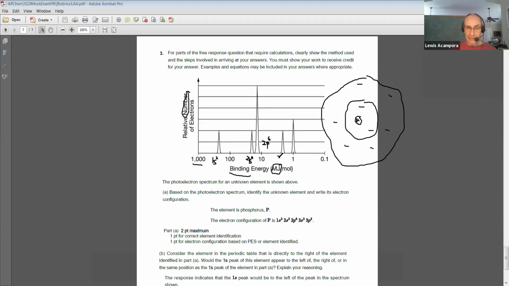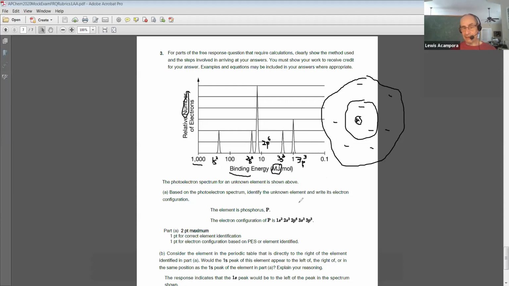Then 3s would be our next subshell with 2 electrons. And then 3p, and this peak goes up 1, 2, 3 notches, so a 3p3. So we have a total of 2 plus 2 plus 6 plus 2 plus 3, which is 15 electrons.